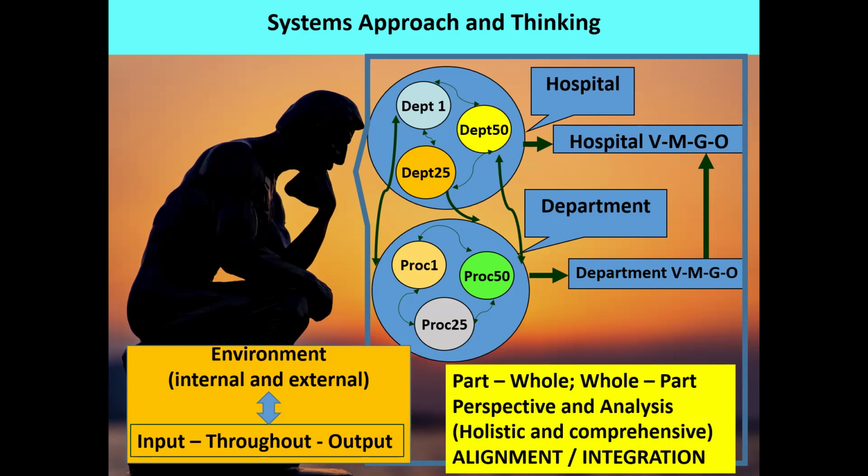So each department is a system by itself with interrelated parts or processes. When planning and when doing problem solving, all the different heads of departments should have a perspective and analytic thinking that look at the parts simultaneously with the whole and vice versa. So look at the part in consideration of the whole, or you look at the whole, then go back to the parts, vice versa.